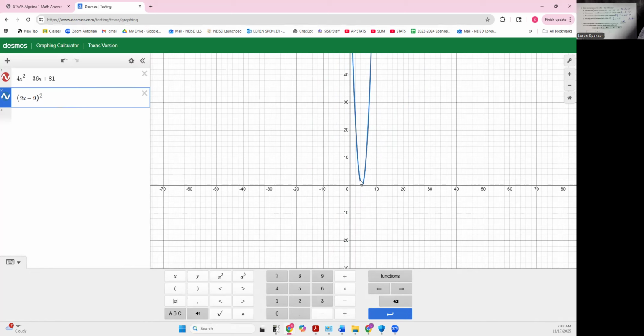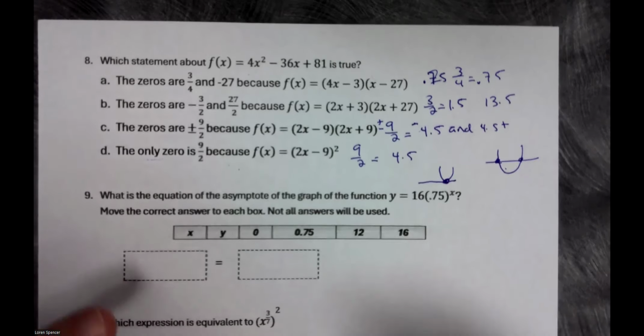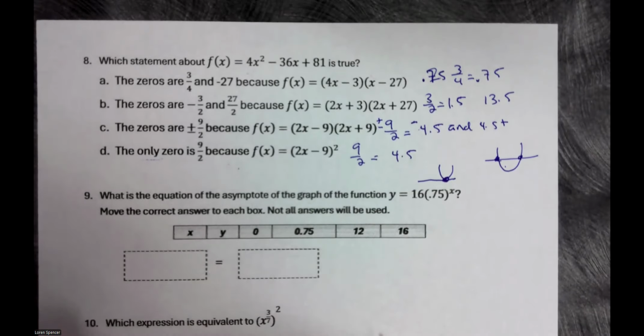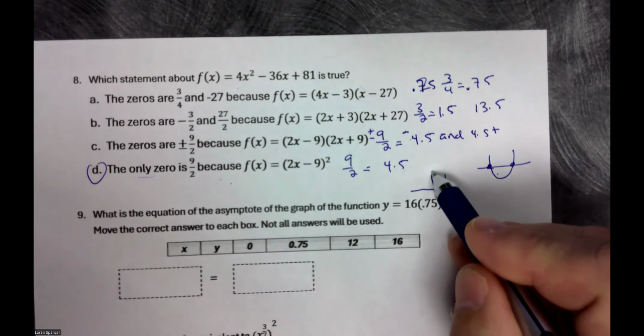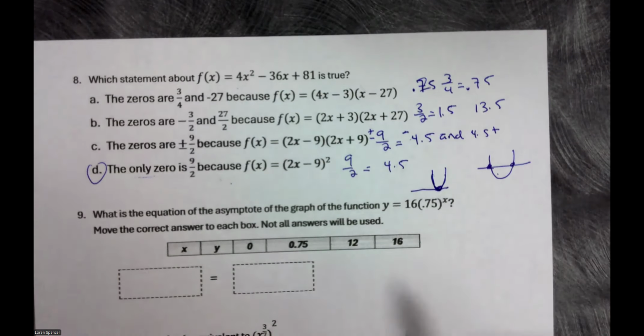And guess what? The blue one made the red one disappear because they're lying directly on top. So the 2x minus 9 squared is the correct one. So the correct one here is answer choice D, because it gives us a graph like that, which matched the one up here.